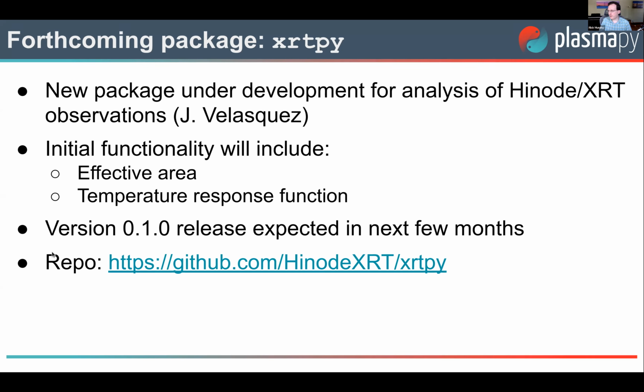We're hoping to have version 0.1 released fairly soon, and if you'd like, you can check out the repo. We've actually been having some discussions akin to those in the chat about how XRTpy and other packages would be supported after mission funding ends, hopefully a long time from now, but something we still have to consider, and we are hoping to do that from early on.